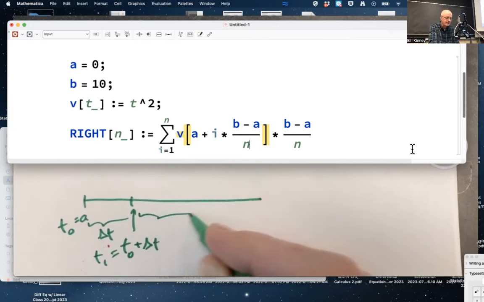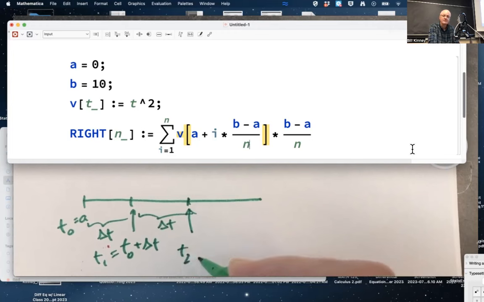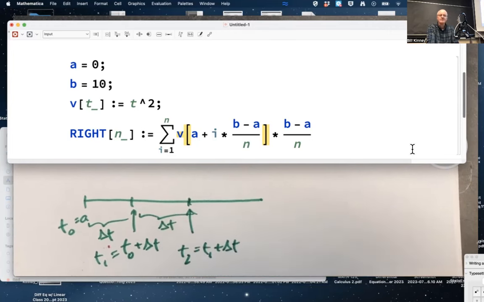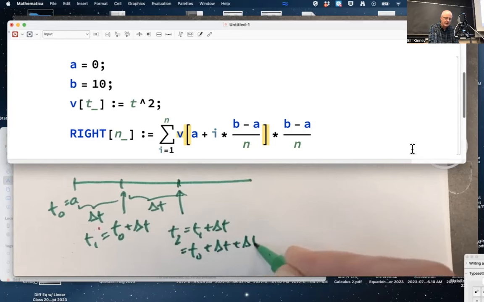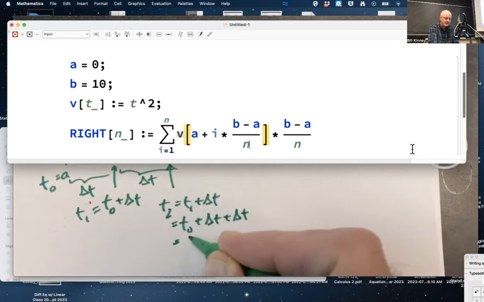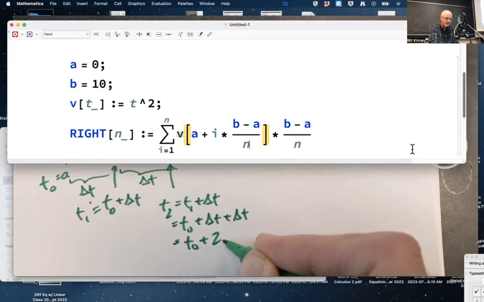Go another delta t to the right. What number is that? Let's call it t sub 2. It's t1 plus delta t. But what's t1? t1 is t0 plus delta t. Simplify. This is t0 plus 2 delta t.